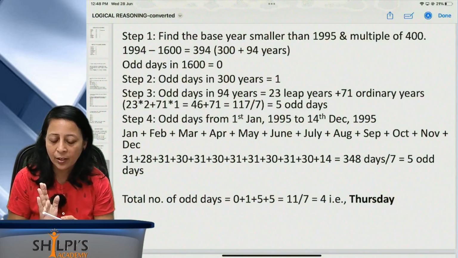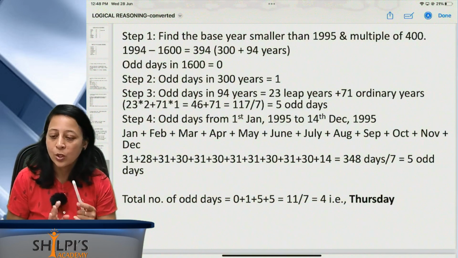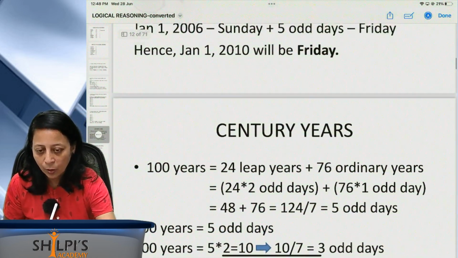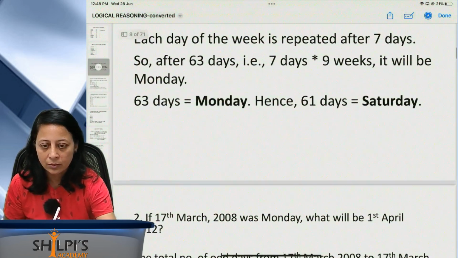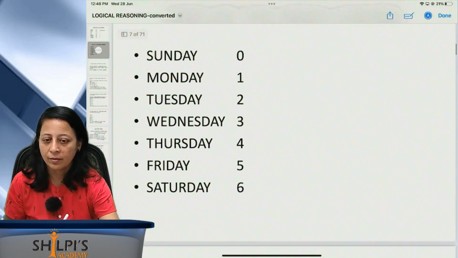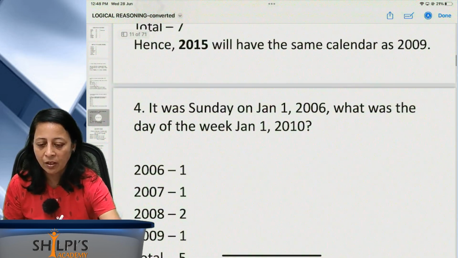So in total you get 11. Then 11 divided by 7 leaves 4. Going back to the list, 4 is Thursday. So the answer for this will be Thursday.